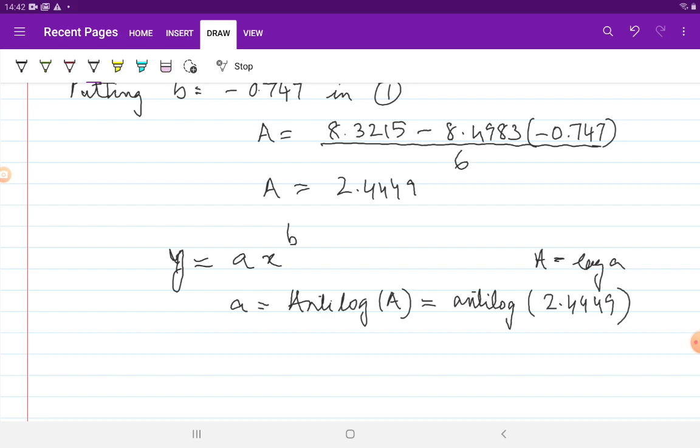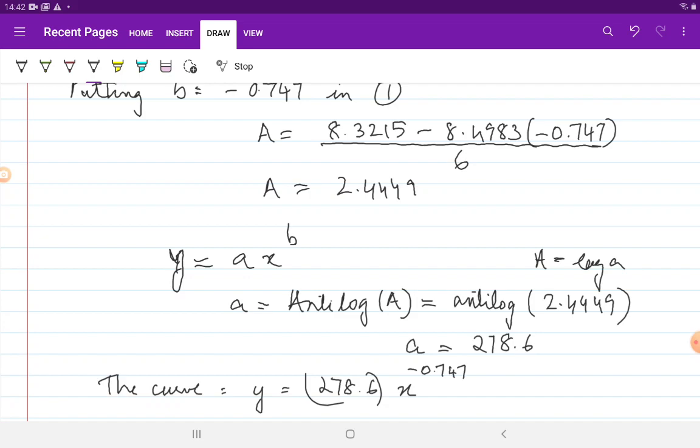So you can either use your logarithm tables or you can use your calculator. And the value of a comes out to be 278.6. So the curve is y is equal to 278.6 times x to the power b, which is minus 0.747.